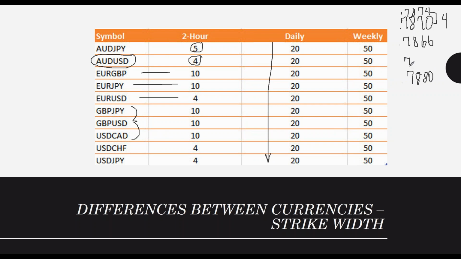Above would be 79.00, and then below would be 78.60, okay? So I can tell at a glance, if I'm using a daily binary, let's have a scenario here, and let's say I only have an hour remaining in that binary.